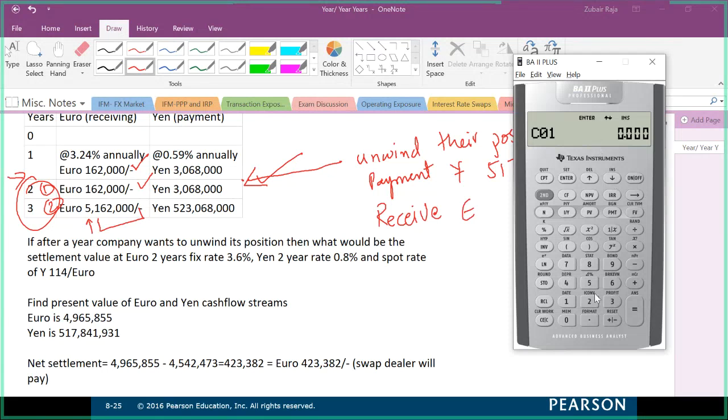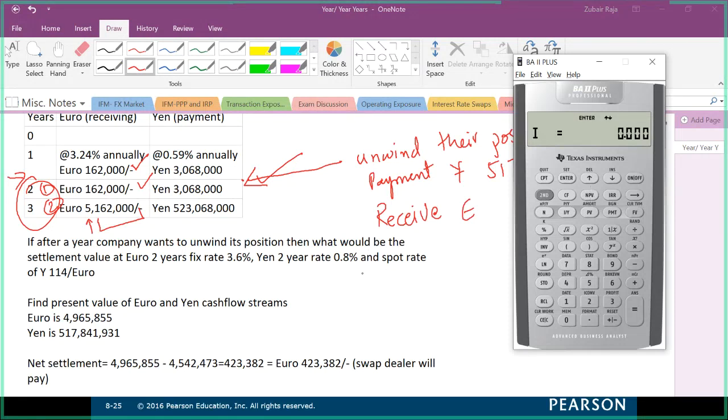The first unique cash flow is 162,000, enter, and this 162,000 is repeated only one time, so that's why the frequency is 1. Now the second unique cash flow is 5,162,000. Enter. Now you will go into the NPV.